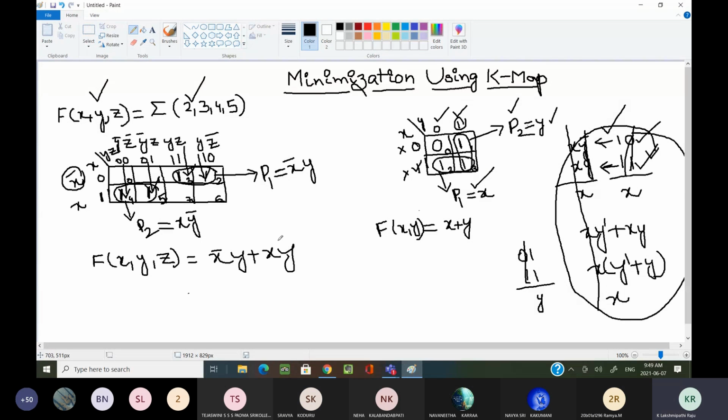Can I simplify this further? I can't simplify further, but I can write this expression in this form.